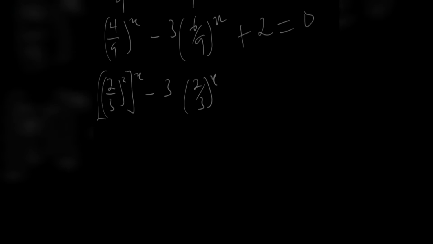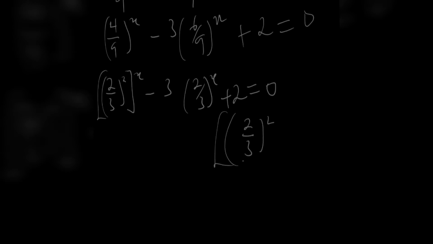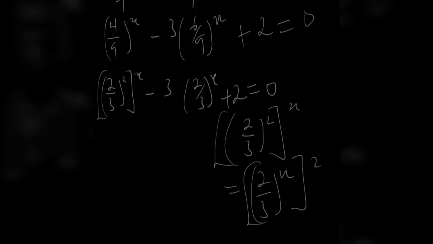Minus 3 times 6 over 9. 3 goes into 6 two times, goes into 9 three times, so we are left with 2 over 3 all power x, then plus 2 equals 0. 2 over 3 all squared all raised to the power of x is the same thing as 2 over 3 all power x then squared.